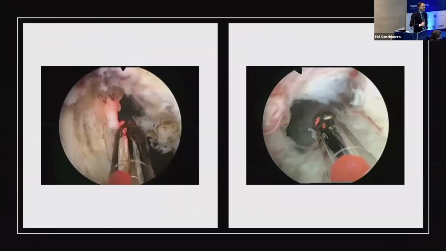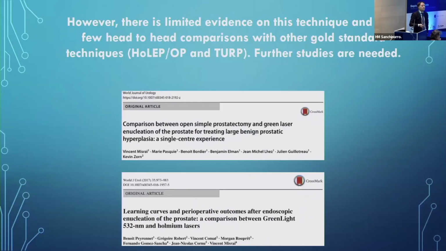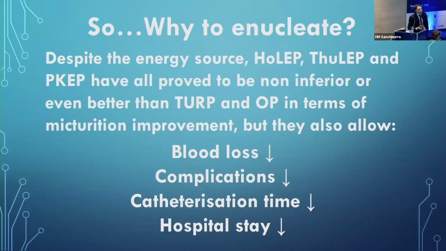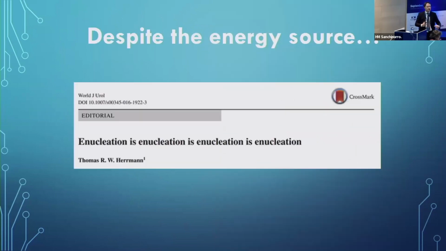Equipment is the same, but they have shifted and they have done very nice results. So even if you are using thulium, holmium, or green light, enucleation is surely an option. And the only things that change are your patient and the laser you're using, because enucleation is enucleation is enucleation. Thank you very much.